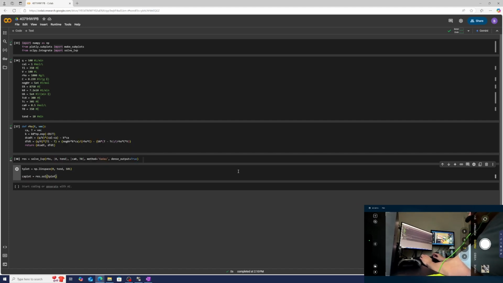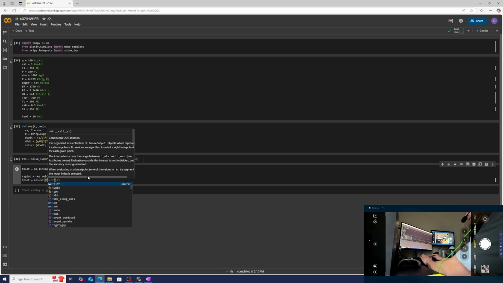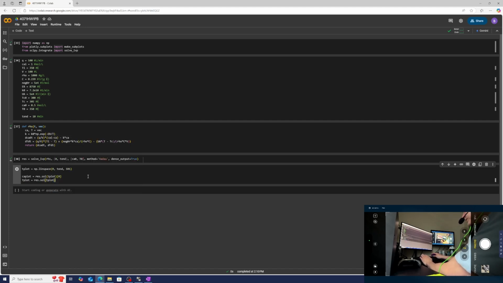Because we have both CA and T in our solution, we need to take the first value, which is CA, because that is the first one we return, and then our temperature for plotting will be equal to res.sol of our t-plot, and this will be the second value.